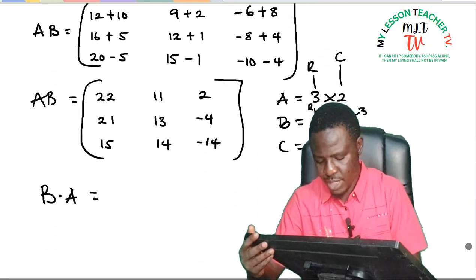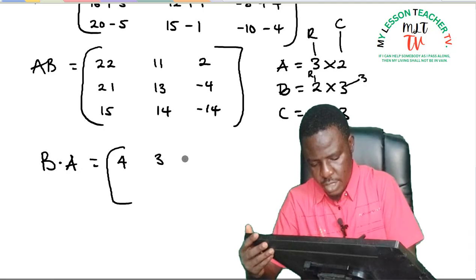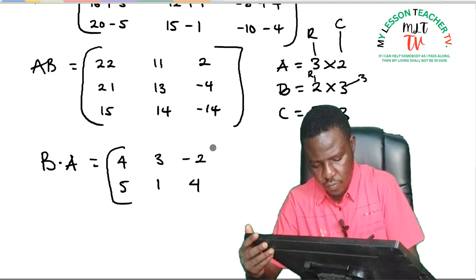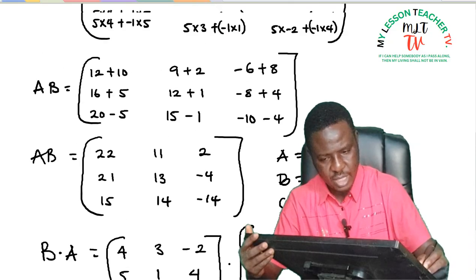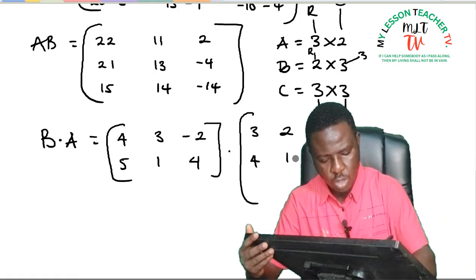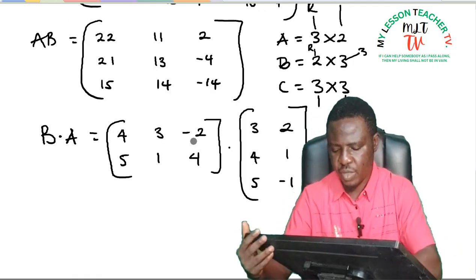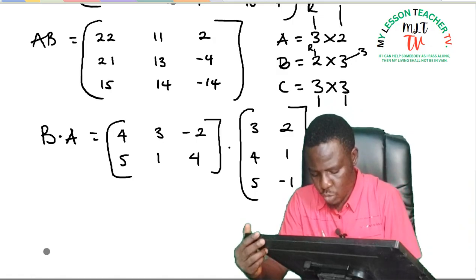So BA is going to be 4, 3, minus 2, 5, 1, 4 to be multiplied with 3, 2, 4, 1, 5, minus 1. Since we have 3 columns in matrix B and 3 rows in matrix A, we are good to go.